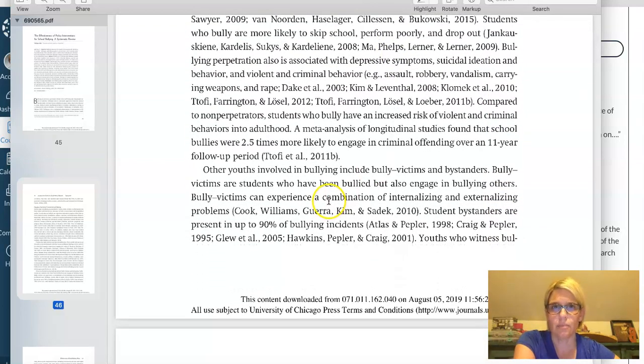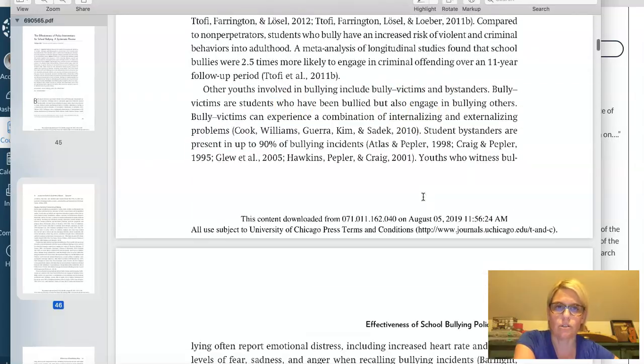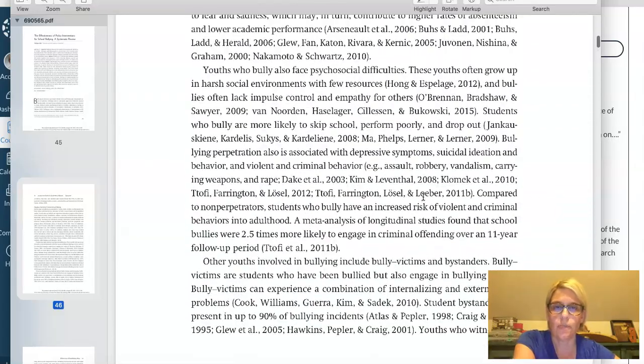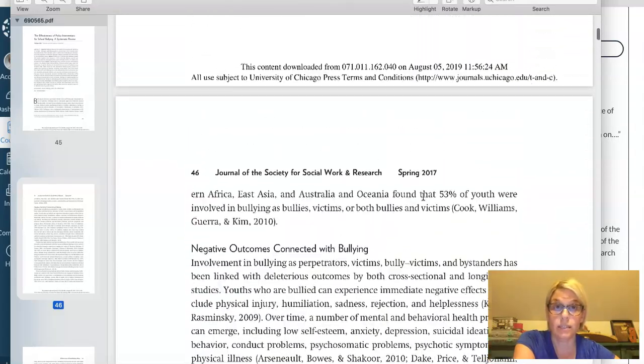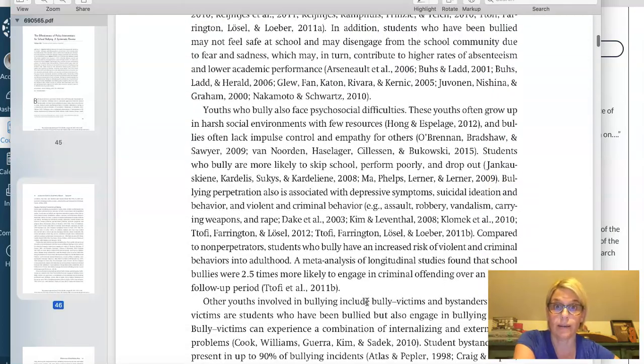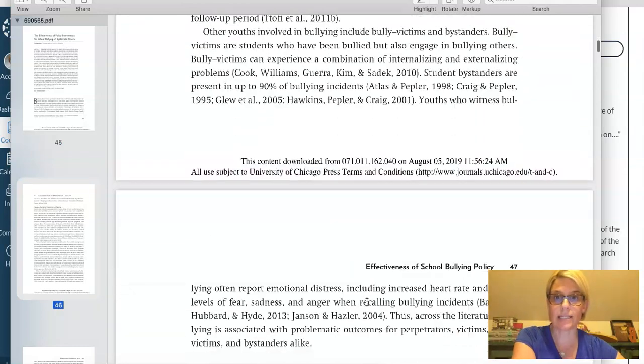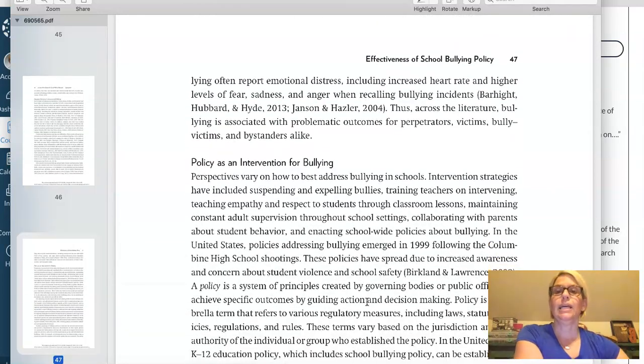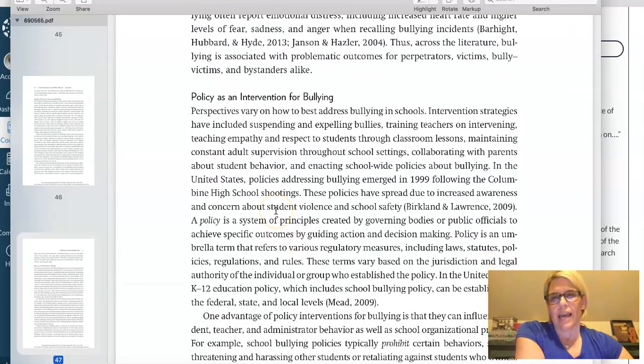They even talk about how it's not only the bully and the victim, but the bystanders are also affected. So they're really going into detail about why bullying is important and why we need to look at it. Then the next thing they start talking about is policy as an intervention.